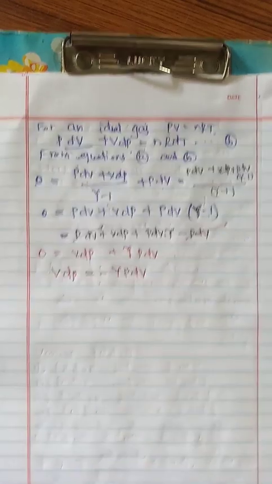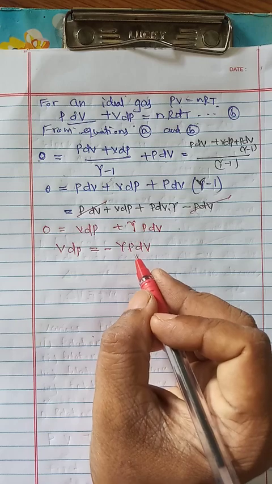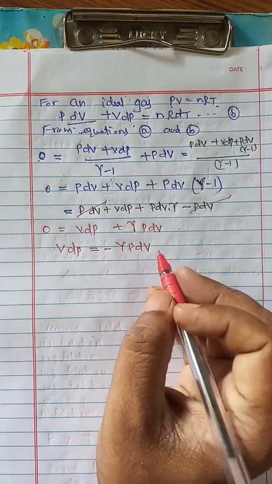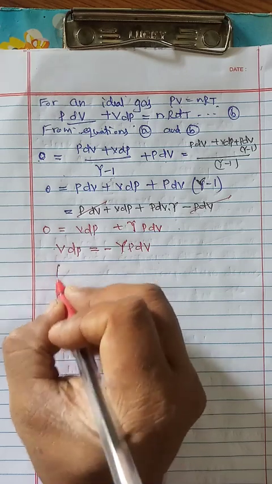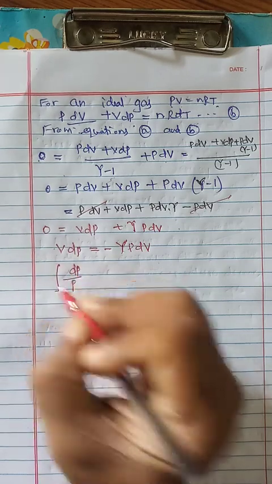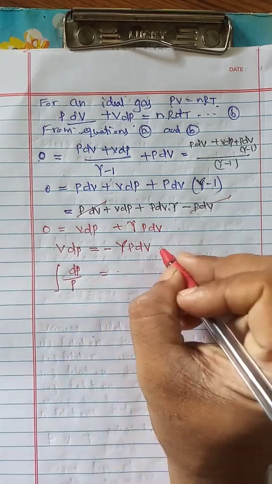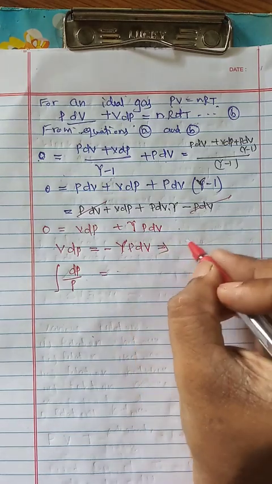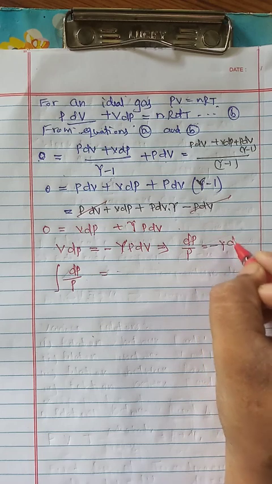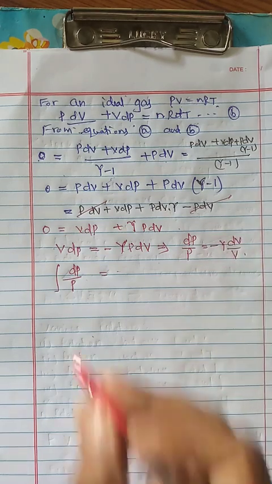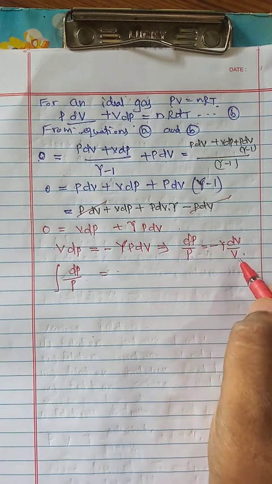On rearranging, we find dP by P is equal to minus gamma dV by V. Okay, go for the integration, children, because dP by P is equal to minus gamma dV by V.